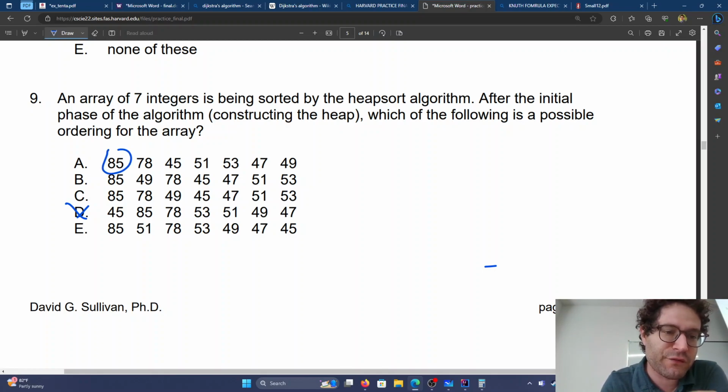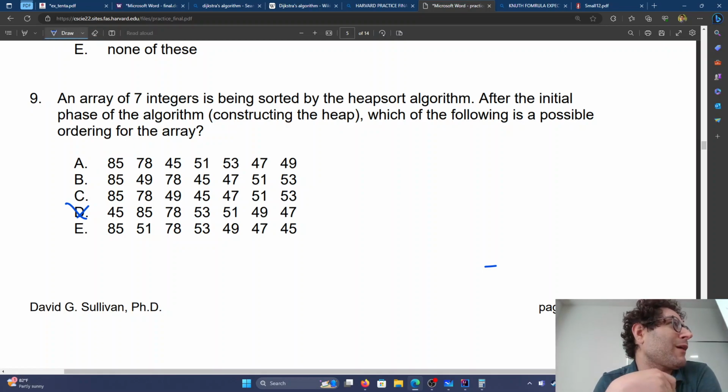So the first item is the root node, and it's always bigger than its children, which are at twice my index and twice my index plus 1. So over here, 85 is bigger than 78 and 45. 78 is bigger than 51 and 53. 45 is unfortunately not bigger than either of its children, so this is not correct.